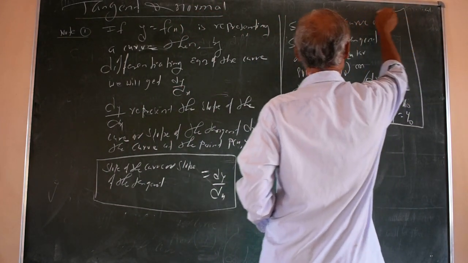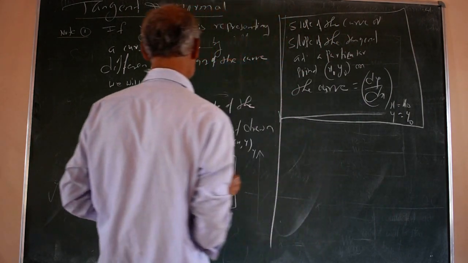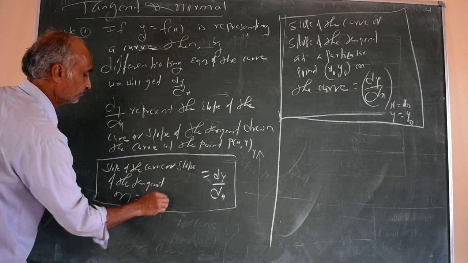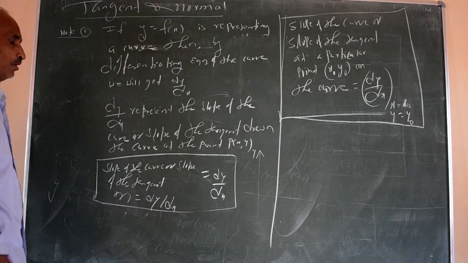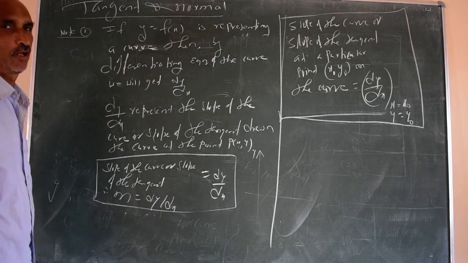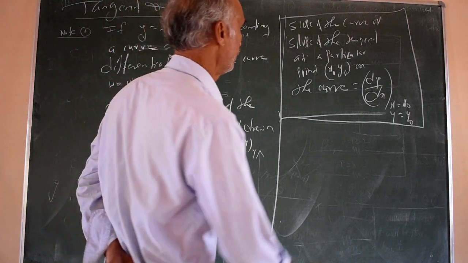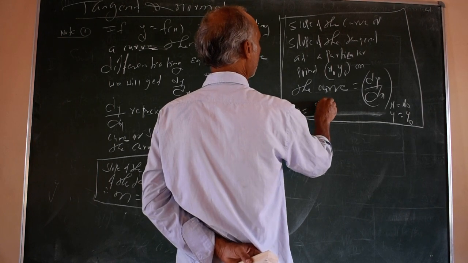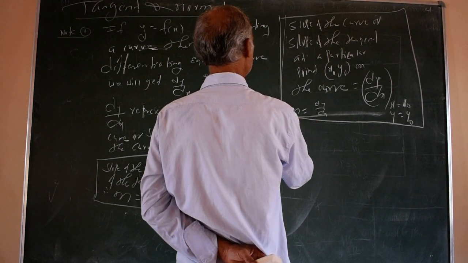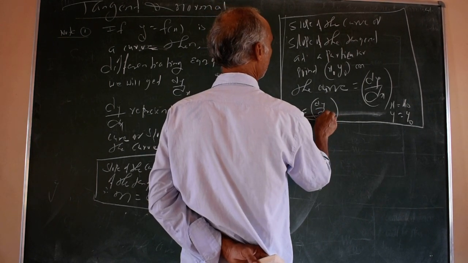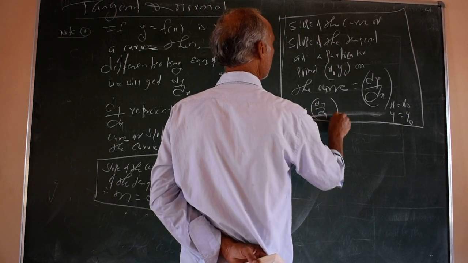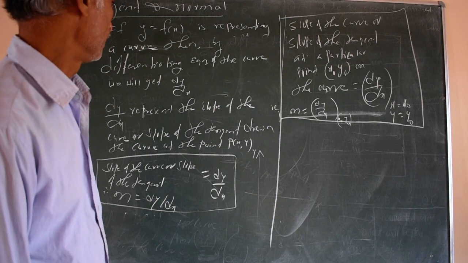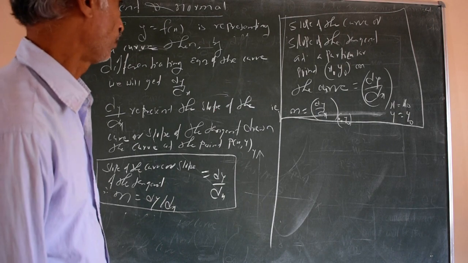The slope is denoted by the letter what? M. Slope is m. Therefore, m is equal to dy by dx at x0, y0.